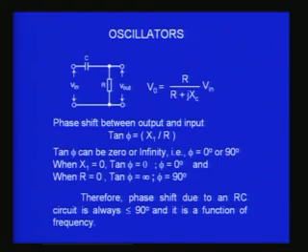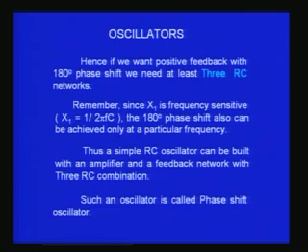You can always have less than 90 degrees, but you cannot have more than 90 degrees by using just one RC. Even 90 degrees is an extreme case; 0 degree and 90 degree are two extreme cases. Therefore, a phase shift due to an RC circuit is always less than 90 degrees, and it is also a function of frequency. These two important points we should remember before we go into the design of the oscillator.